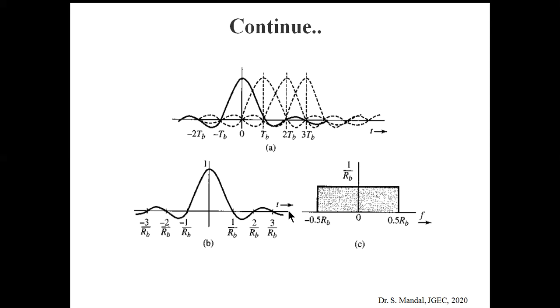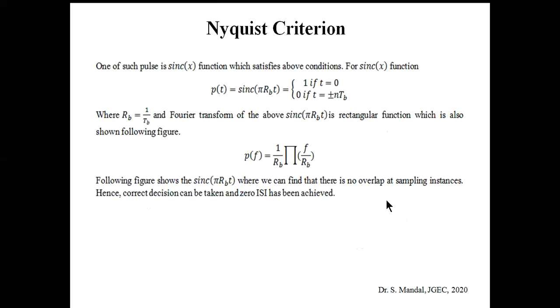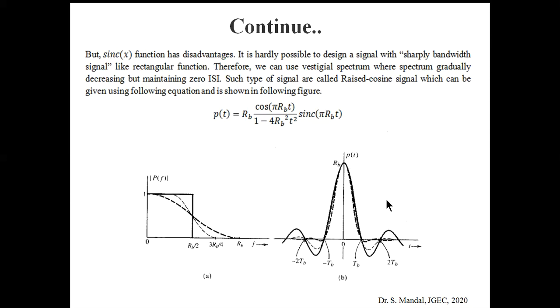But in real life, a sharply decreasing frequency characteristic function is not practically feasible. So it is hardly possible to design a signal with a sharp bandwidth like a rectangular function.